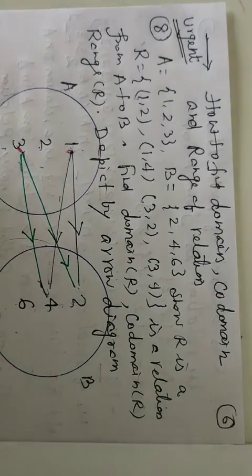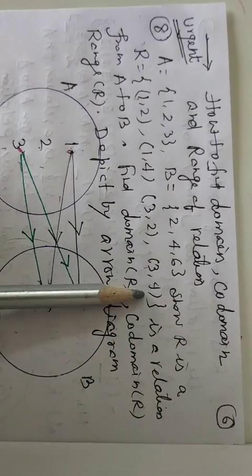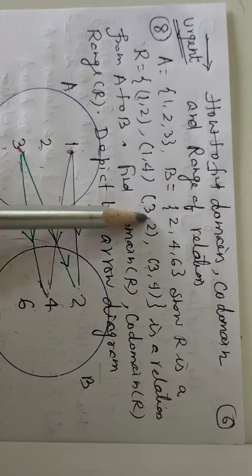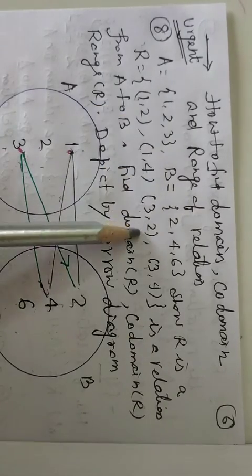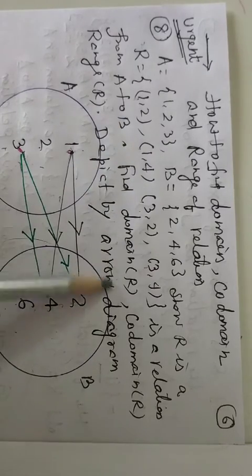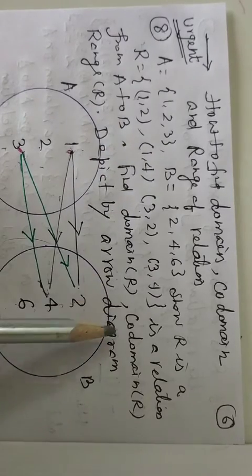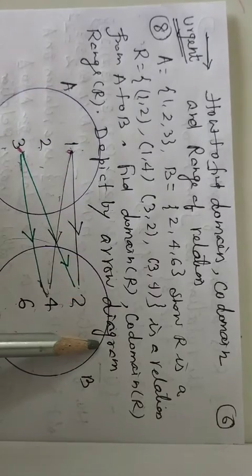This is the most urgent problem: how to find the domain, codomain and range of a relation. Let A and B be given, so that R, which is also given, is a relation from A to B. Find the domain of R, codomain of R, range of R, and depict by arrow diagram.